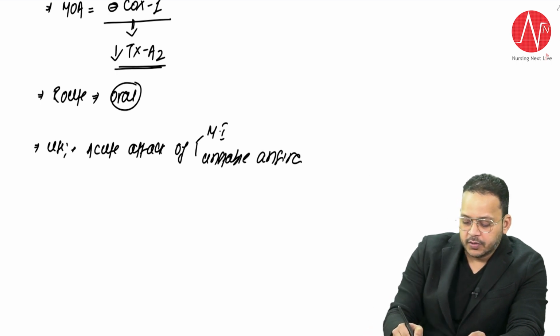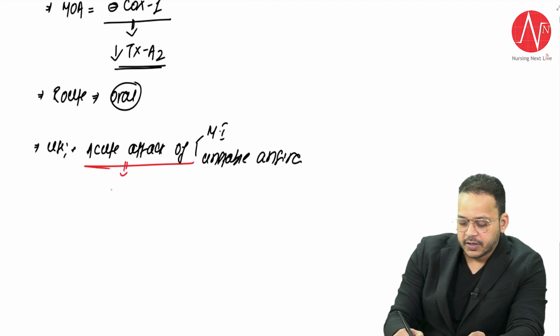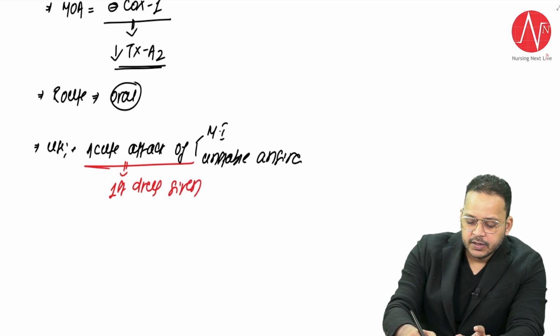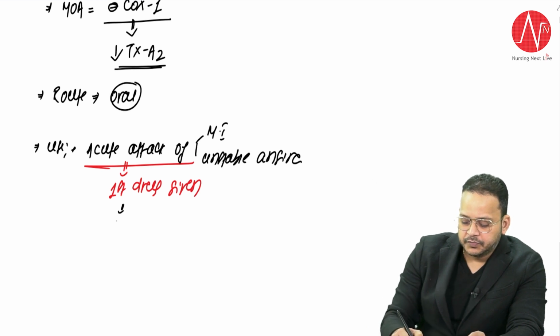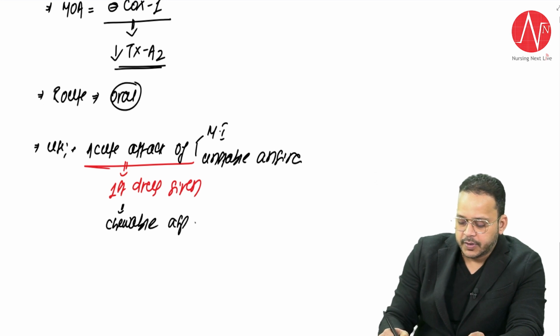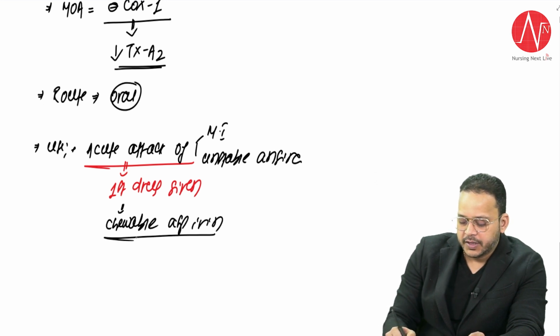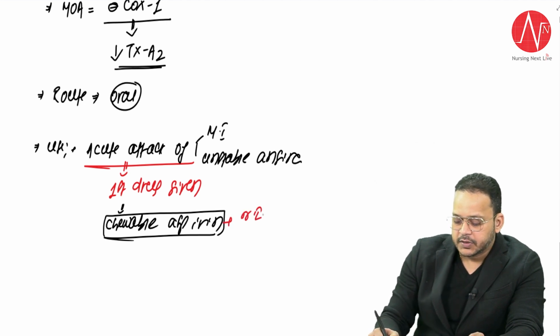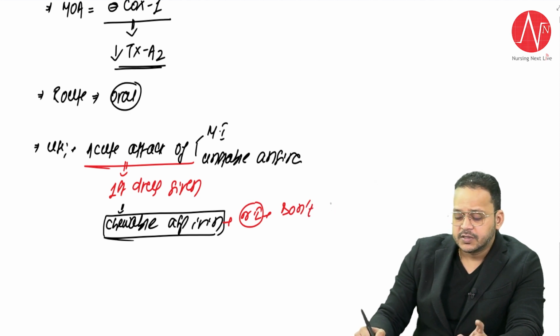So in an acute attack of MI or unstable angina, this is the first drug given, and here we give chewable aspirin. Chewable aspirin is given, and remember here an important nursing implication: whenever you give a chewable aspirin, you ask the patient not to swallow the tablet.